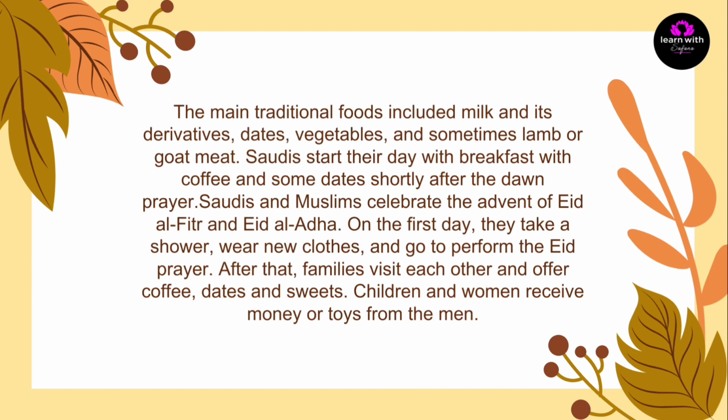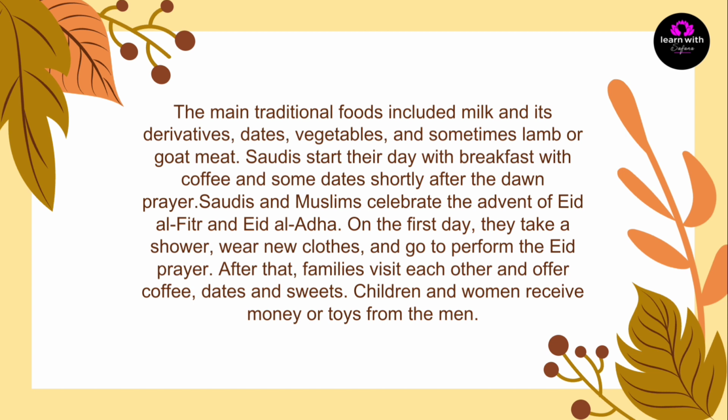The main traditional foods included milk and its derivatives, dates, vegetables, and sometimes lamb or goat meat. Saudis start their day with breakfast with coffee and some dates shortly after the dawn prayer.